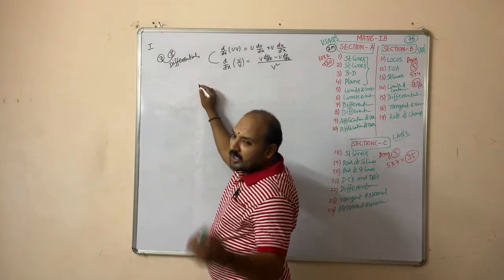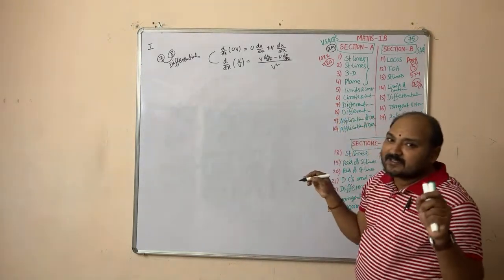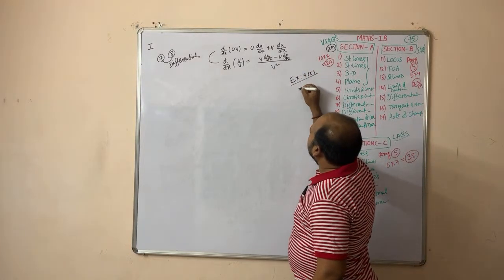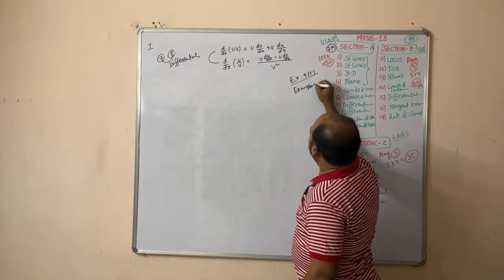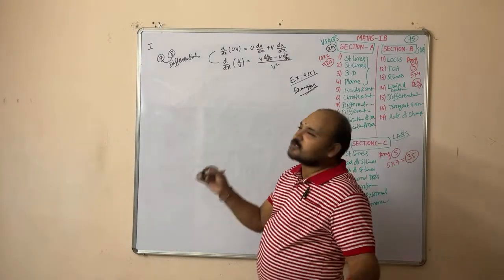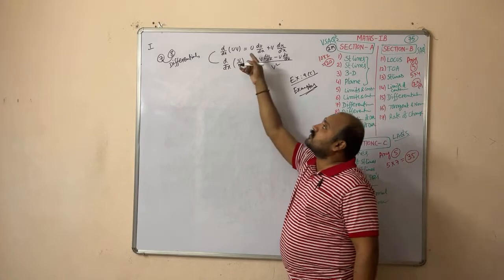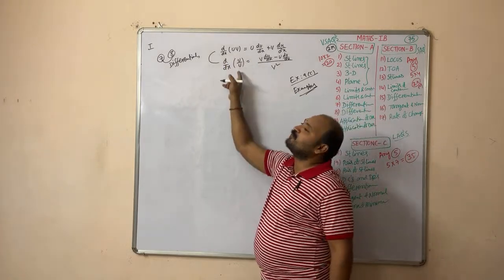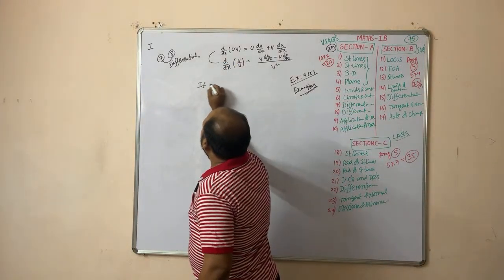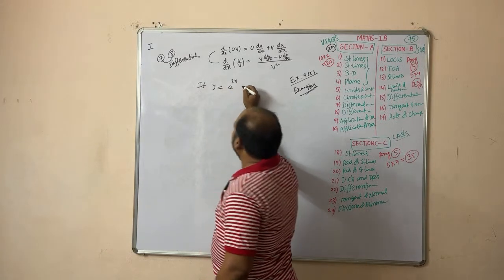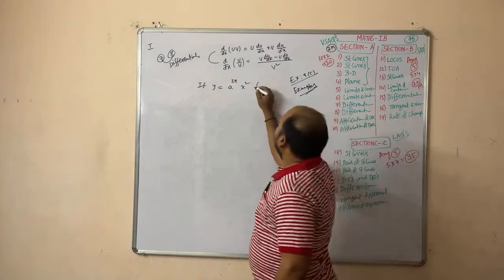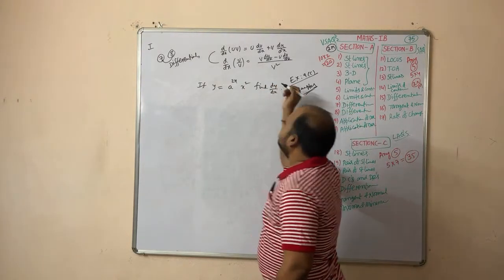Next, what type of questions are before exercise 9c? Before exercise 9c, the problems and examples are very, very important, dear students. Keep in mind and practice. In 2 marks, we cannot say exactly what concept-based questions they will ask, but we can expect these concepts. Suppose they ask: if y is equal to a power 2x into x square, find dy by dx or find y dash.